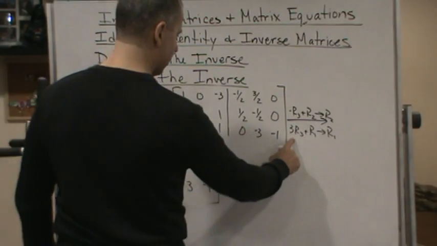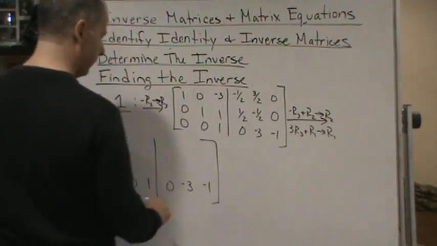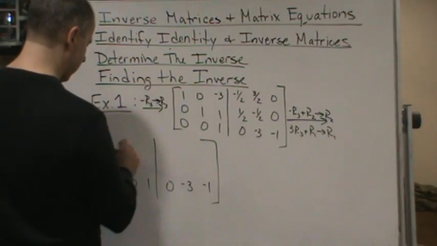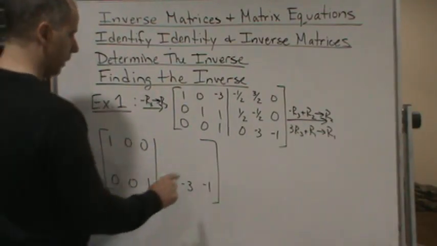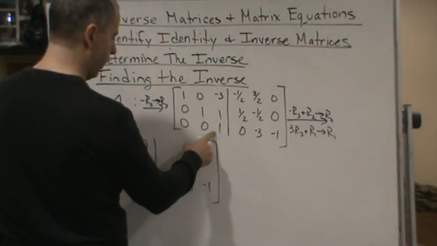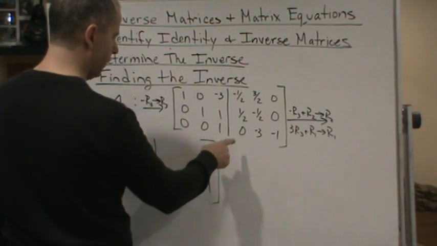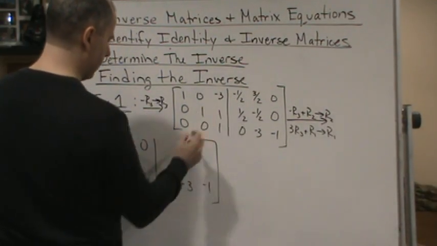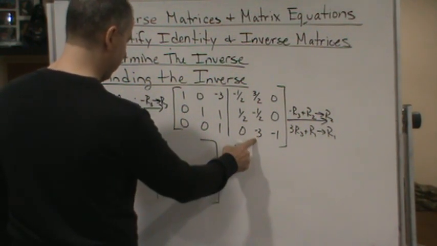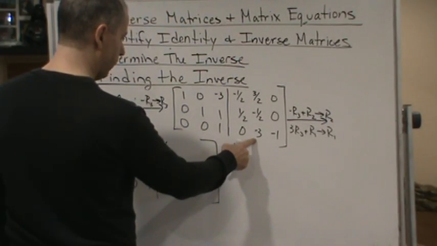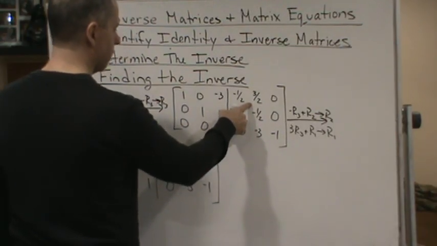So now if I do 3 times row 3 plus row 1, right? These two are going to stay the same. So it's going to be 1, 0, 0, because 3 times 1 is 3 plus negative 3 is 0. This is just going to be 0 plus negative 1/2, which is just going to give me negative 1/2. And then this is going to be 3 times negative 3, which is negative 9, plus 3/2.